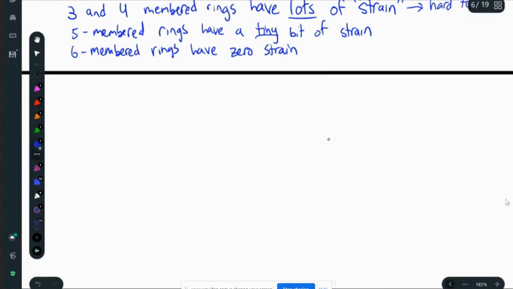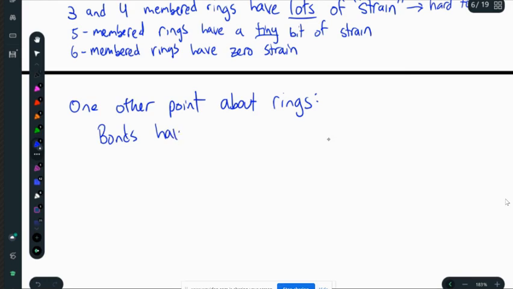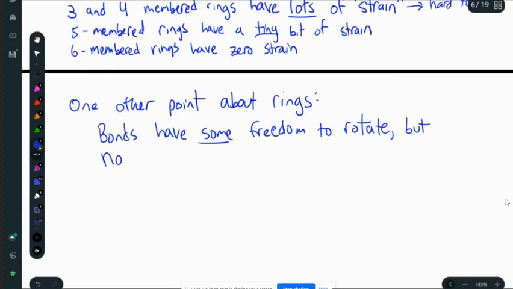So one other point about rings, the bonds have some freedom of rotation, but not full freedom.